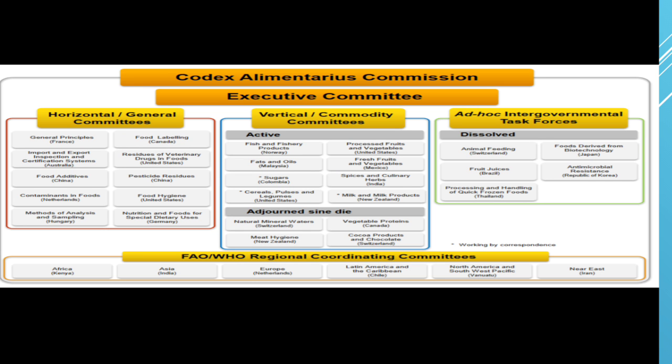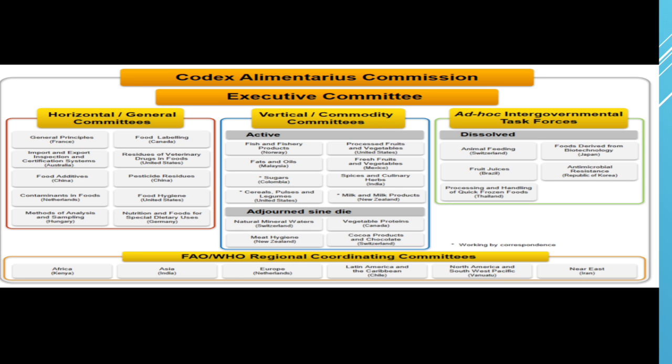Under commodity committees, which have been actively participating, we have fish and fishery products in Norway and Malaysia, fats and oils in Colombia, sugars, and fresh fruits and vegetables in Mexico. The task forces, which have been dissolved, include Switzerland animal feeding, Brazil fruit juices, Japan food derived from biotechnology.